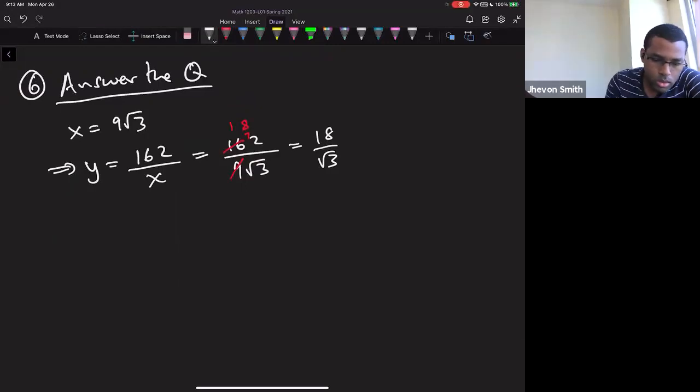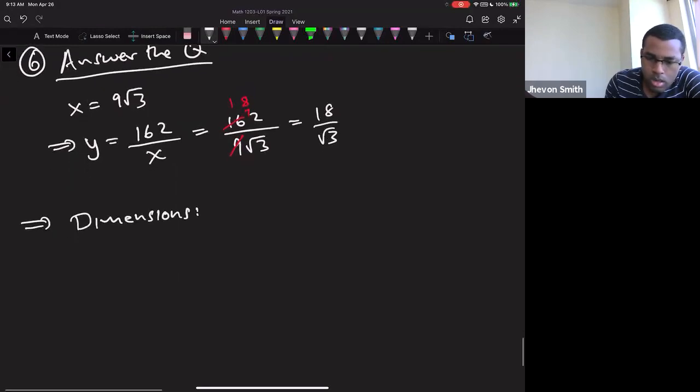So the dimensions would be 9 rad 3 by 18 over rad 3 feet, meters.